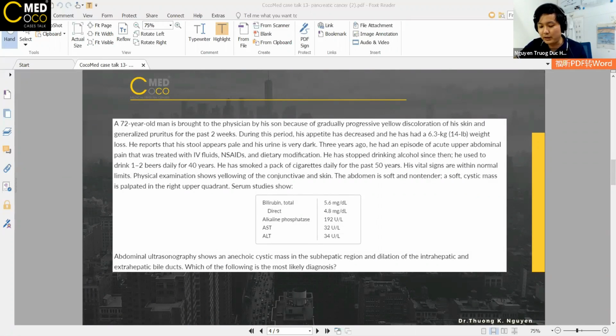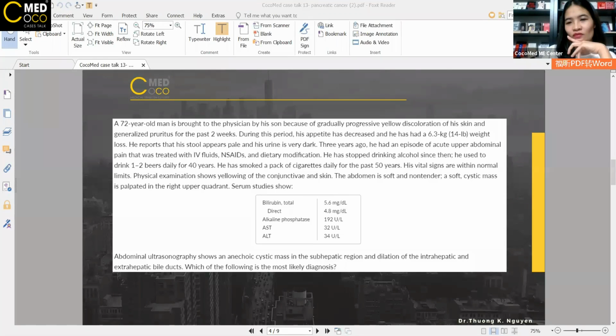And the yellow conjunctiva and skin, jaundice, make me think about an increase of bilirubin, and this was confirmed by the serum test.